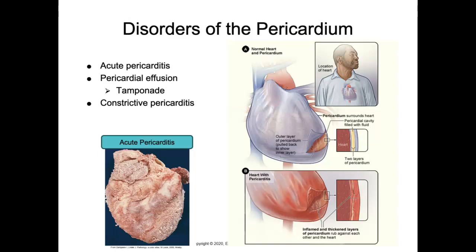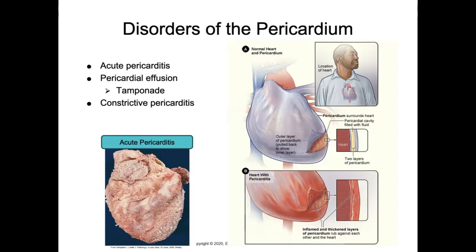And if this is to continue, we can have those visceral and parietal pericardial layers adhere to one another and we could get fusion of the two layers, which can create this fibrotic lesion that encases the heart in a rigid shell. And as you can imagine, it's going to then compress the heart and reduce the cardiac output of the heart.